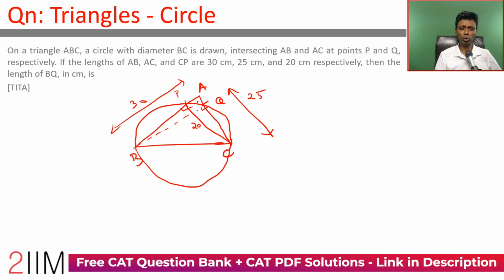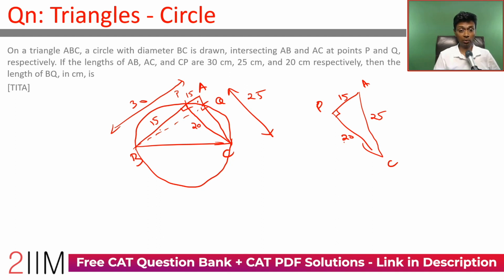So now we are looking to do Pythagoras theorem. So think about triangle PAC. If you look at this triangle, this is 90 degrees. CP is 20, AC is 25. This is a ratio of 4:5, or this should be 3, 15, 20, 25. It's a Pythagorean triplet. AP is 15. That means PB should be 15.